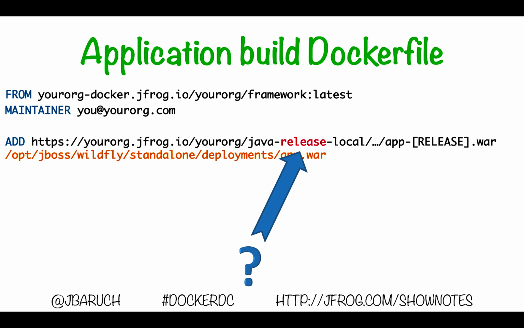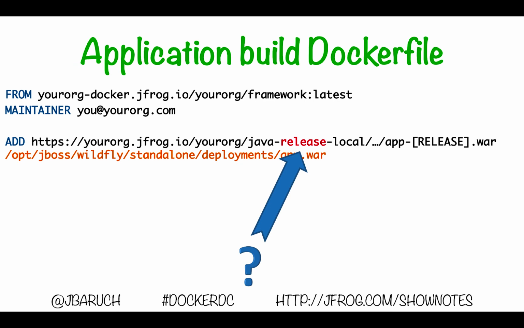You will have your Java dev, Java staging, Java release, and then you will test your application in a completely different pipeline, and only those which are successfully promoted to the release repository in your Java build, you will take them to Docker. That's one way to do it.